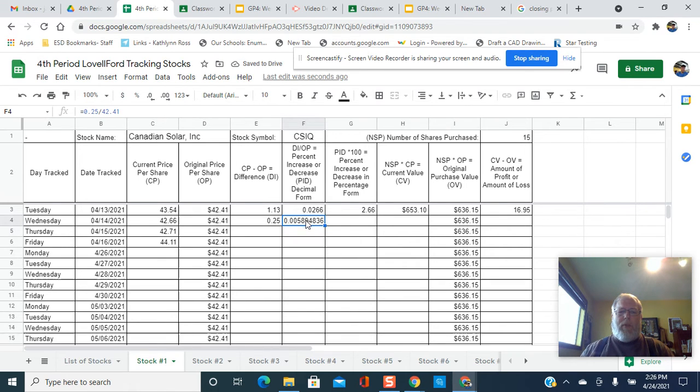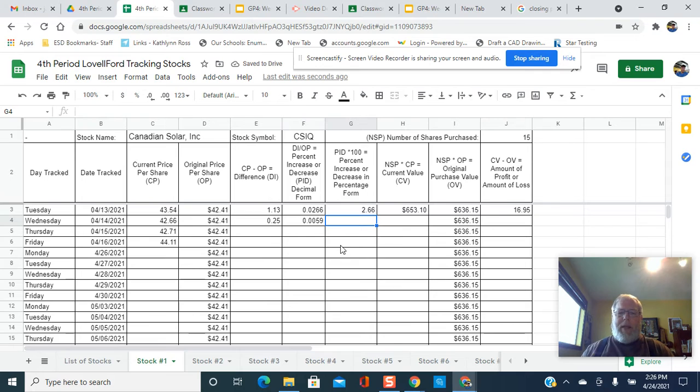And again, that's a really long decimal. Let's decrease that decimal until we get to the ten thousandths. There you go.